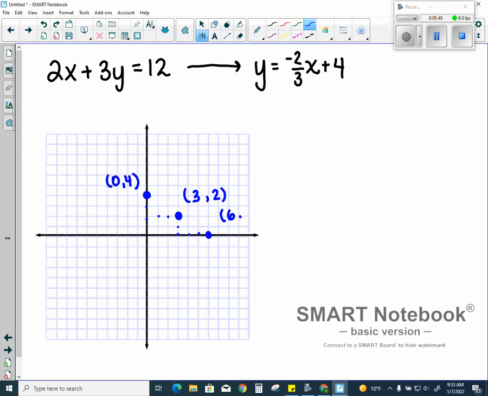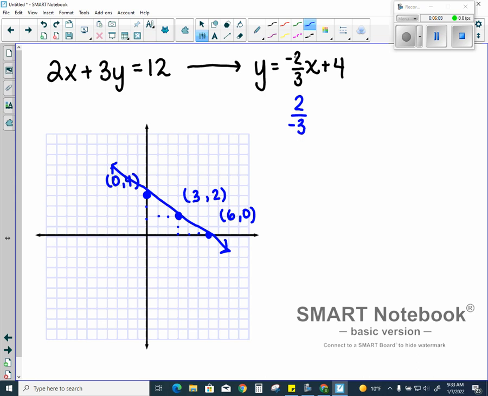When you graph a line for me on your homework, quiz or test, I need to see at least 3 points plotted and labeled. So at least 3 dots on your page, and all of them with their addresses labeled. Now notice the number negative 2/3.